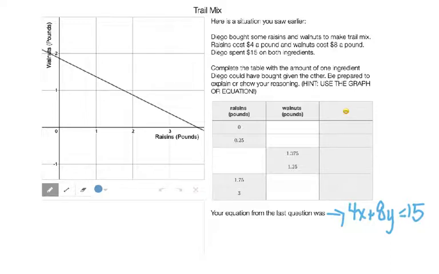So the beauty of Desmos is that Desmos gives you the opportunity to use the graph to help you figure out this table. And if you hold your mouse over or use your trackpad to hover over points on the line, it'll actually give you an ordered pair.